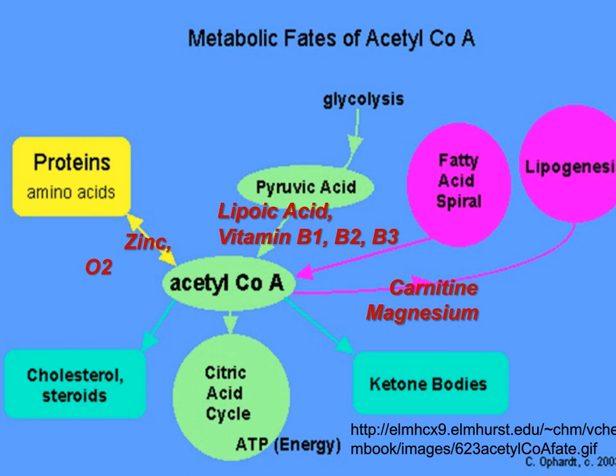If these are deficient, then we're not going to be able to harvest or to produce as much acetyl coenzyme A as possible. And when we go to the next slide, you will see the acetyl coenzyme A is what's needed to go into the citric acid cycle, and this is where the energy is produced.